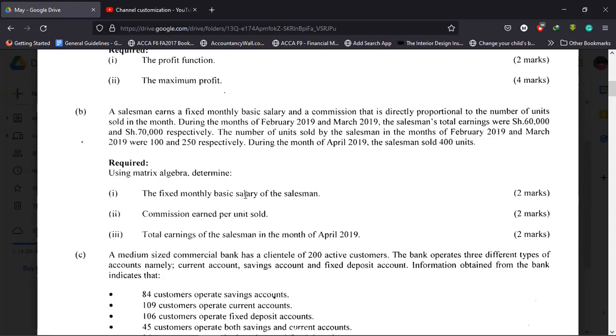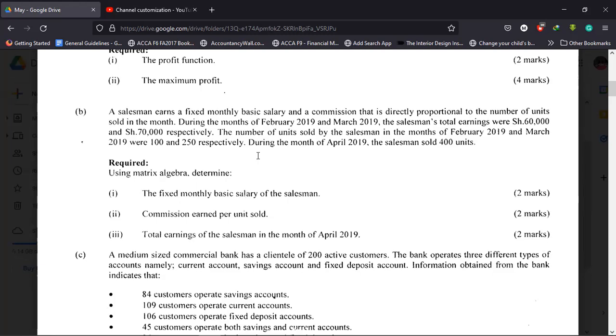During April 2019, the salesman sold 400 units. Required, using matrix algebra, determine: 1. The fixed monthly basic salary of the salesman. 2. Commission earned per unit sold. 3. Total earnings of the salesman in the month of April 2019.